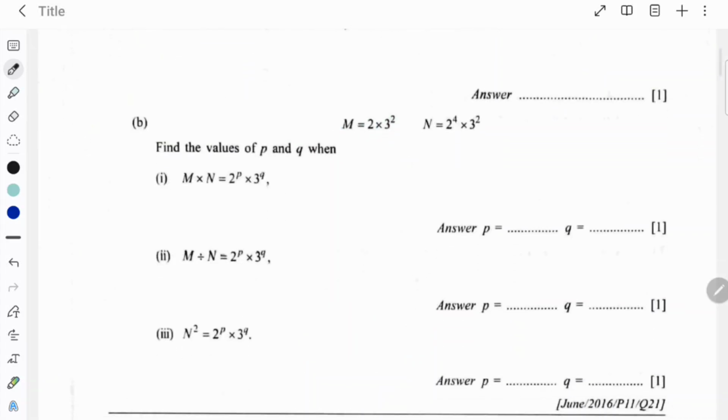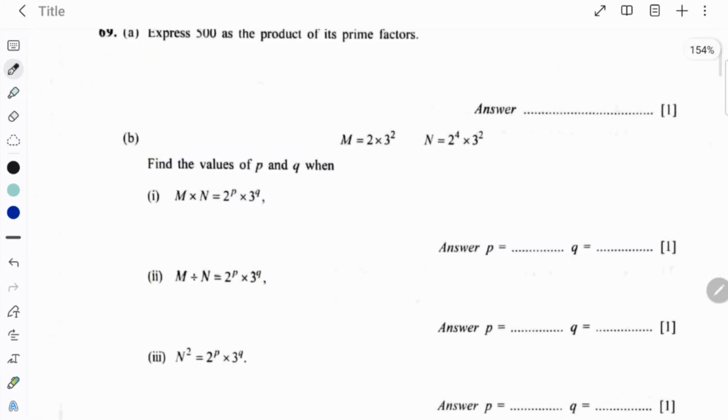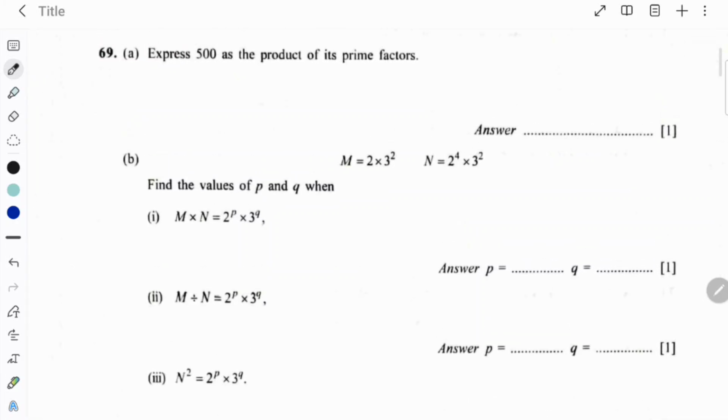Now the next question, it's June 2016 paper 1 question number 21, and we are not allowed to use a calculator. Alright, so in this question, express 500 as the product of its prime factors. Alright, so we are going to make it 500 by, first of all, divide by 2, then it is equals to 250, and again it's divisible by 2, then the half of it will be equals to 125.